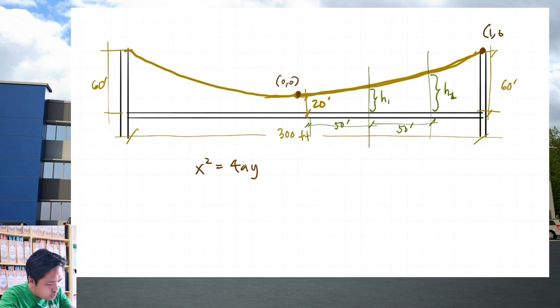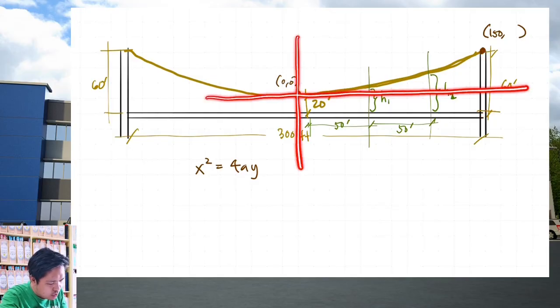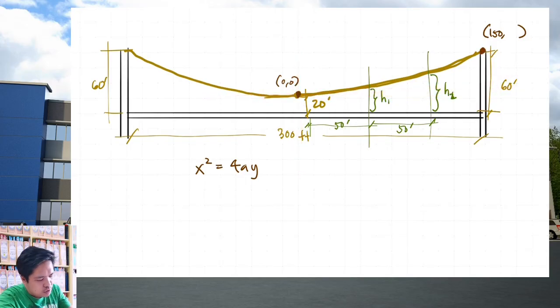This point here is 150, 150. And ang ordinate naman, ito yung axis natin, di ba? So, this distance would be 60 minus 20. So, 40 na lang to dito. So, this coordinate is 150, 40.